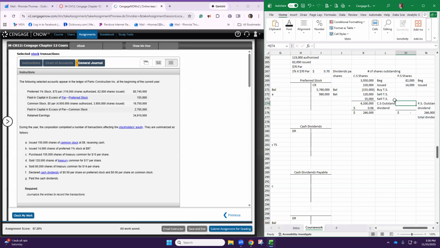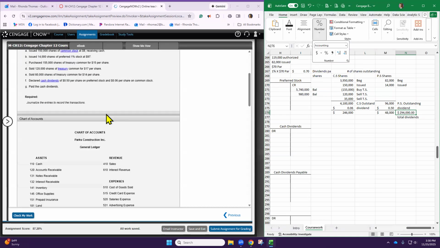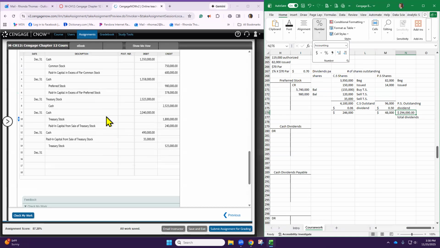Okay, so our outstanding shares for preferred are 96,000, and they're saying 50 cents when it told us that, okay, there's the total dividends going out, 294,000 if we use the 50 cents. If that 50 cents turns out to be wrong, it should be 70 cents. So, wow.